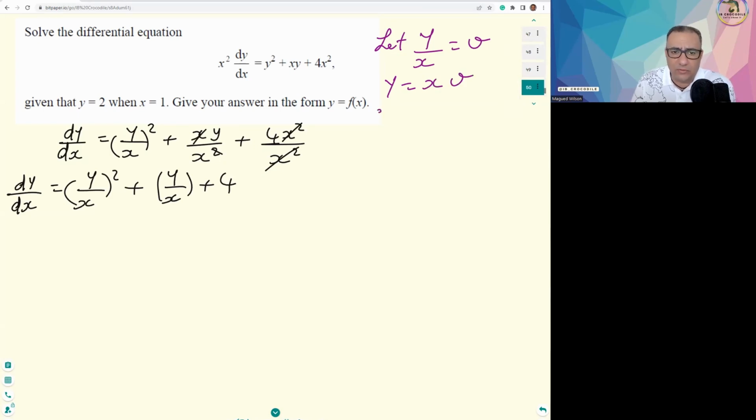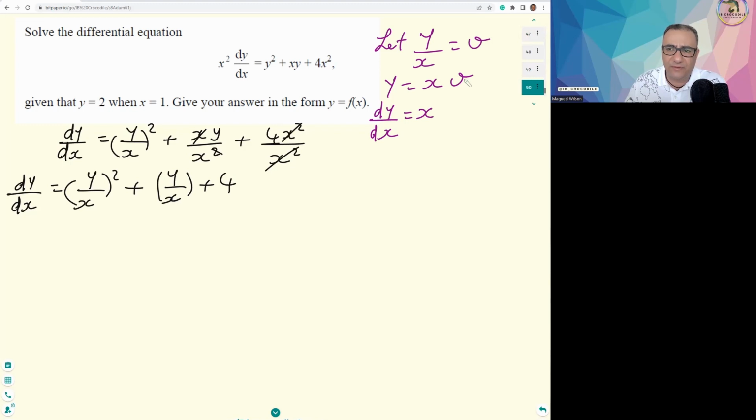Then I need to find dy by dx in order to replace dy by dx on the left hand side. Here we have x times v, but we are differentiating with respect to x, so I'm going to use implicit differentiation with the product rule, because I have two functions. The first, which is x, multiplied by the derivative of the second.